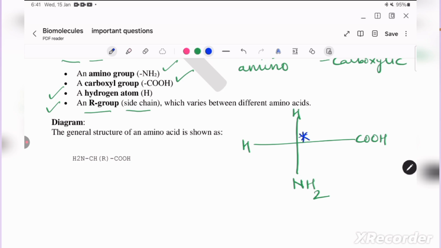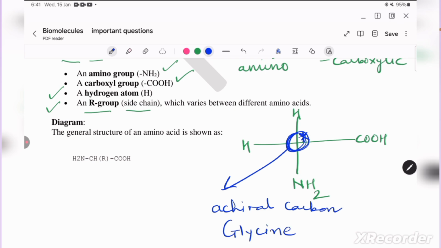Now when we draw this compound, when we talk about this carbon atom, this carbon atom is going to be a chiral carbon atom, and the name of this simple amino acid which is important for our exam is glycine. It is the only amino acid which is optically inactive, and for our knowledge we must remember that there are total 20 naturally occurring amino acids in this world, and out of which the only amino acid which is not optically active is going to be glycine.